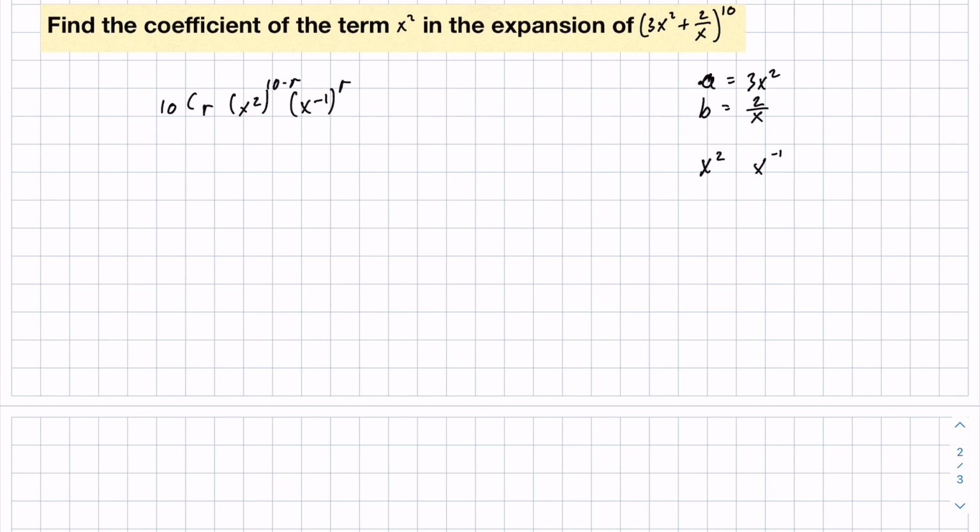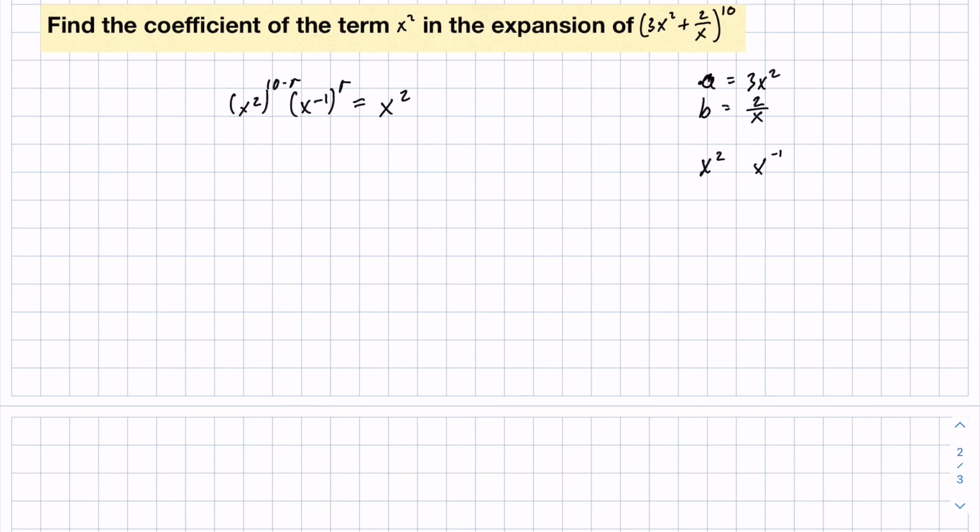So we have to make this equal to the x squared term. Since we're not focusing on the coefficients, this combination will give us a coefficient and not a variable, so we don't need it. All we needed was this, and I just used the combination to show you what to take to this power. And now let's solve.